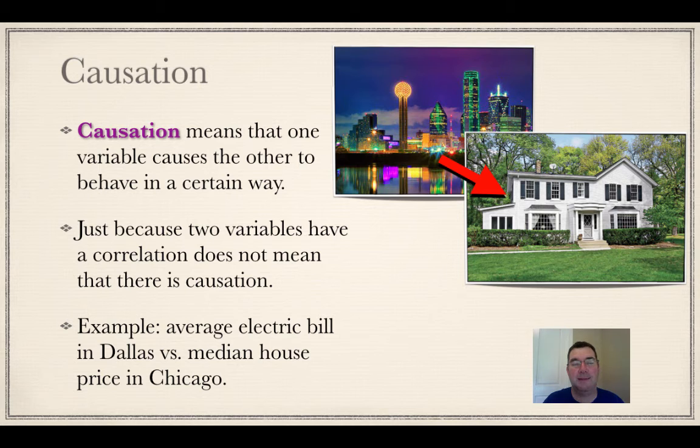There may be similar things happening in those two variables, but that doesn't mean that the average electric bill in Dallas causes the median house price in Chicago to go up or down. So I really can't say that one variable causes the other. All I can say is that there's a correlation.